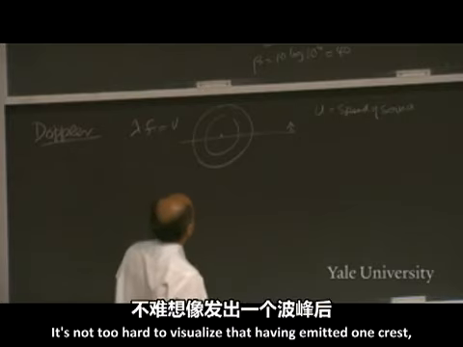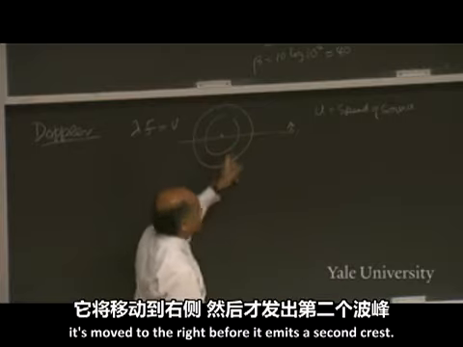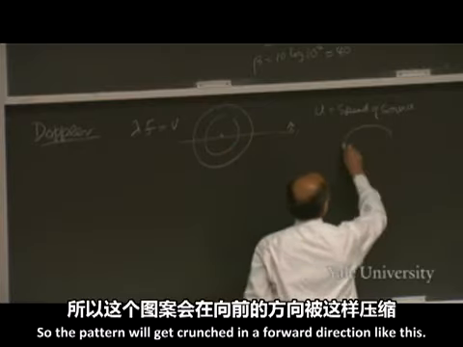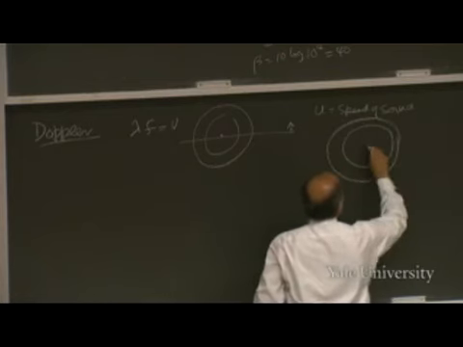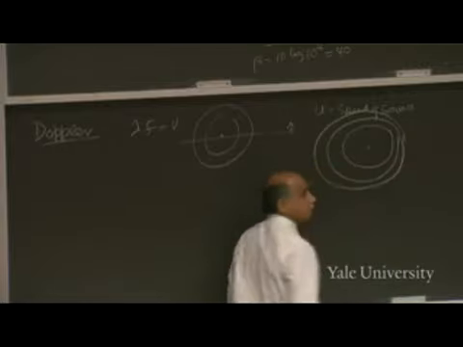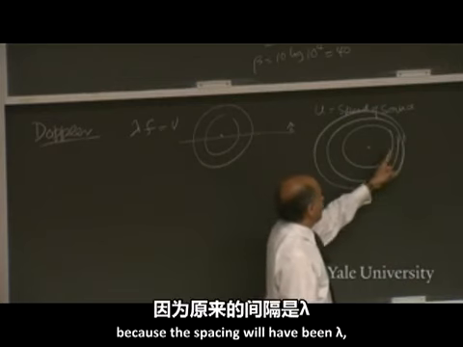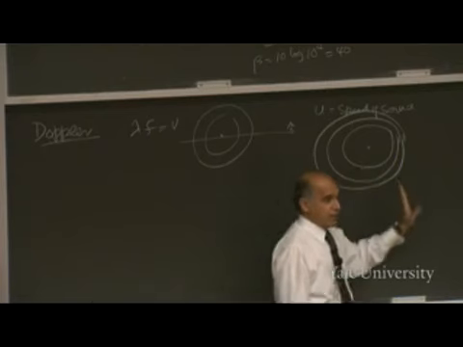It's not too hard to visualize that having emitted one crest, it's moved to the right before it emits a second crest. So the pattern will get crunched in the forward direction like this. So the waves will get squashed because the spacing would have been lambda, but now it's less than lambda because it's moved to the right to emit the second crest.